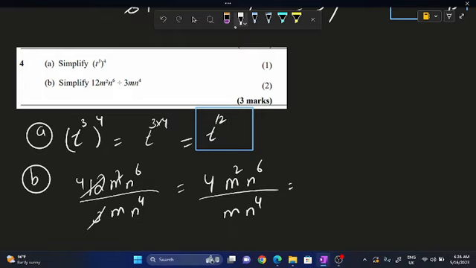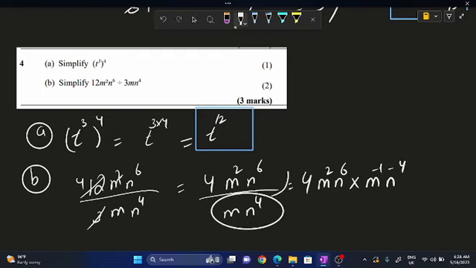Now shift m over to the numerator and also shift n raised to the power 4 over to the numerator. That gives you 4 m square n raised to the power 6 times m raised to the power minus 1 n raised to the power minus 4. Because both of the terms are shifted over to the numerator, their signs will reverse, right?